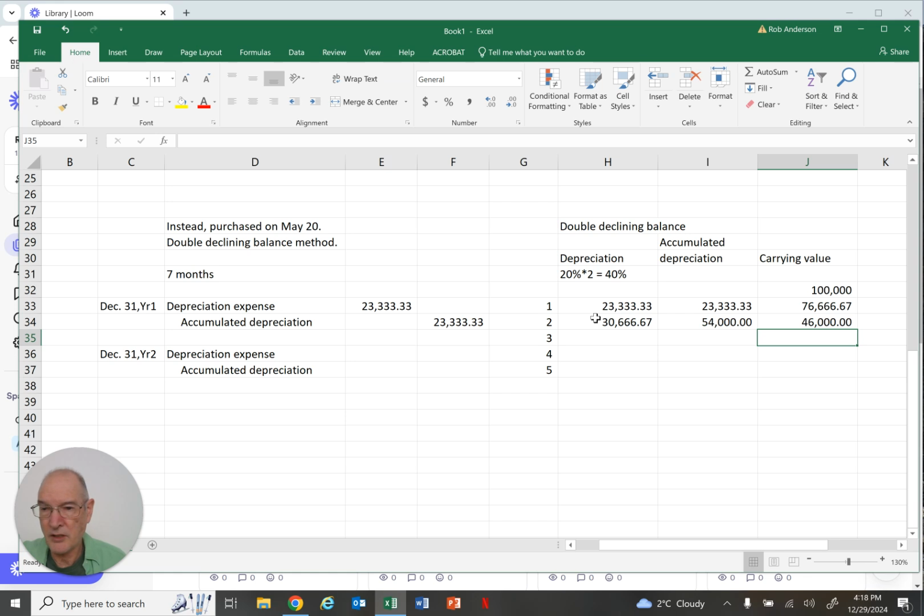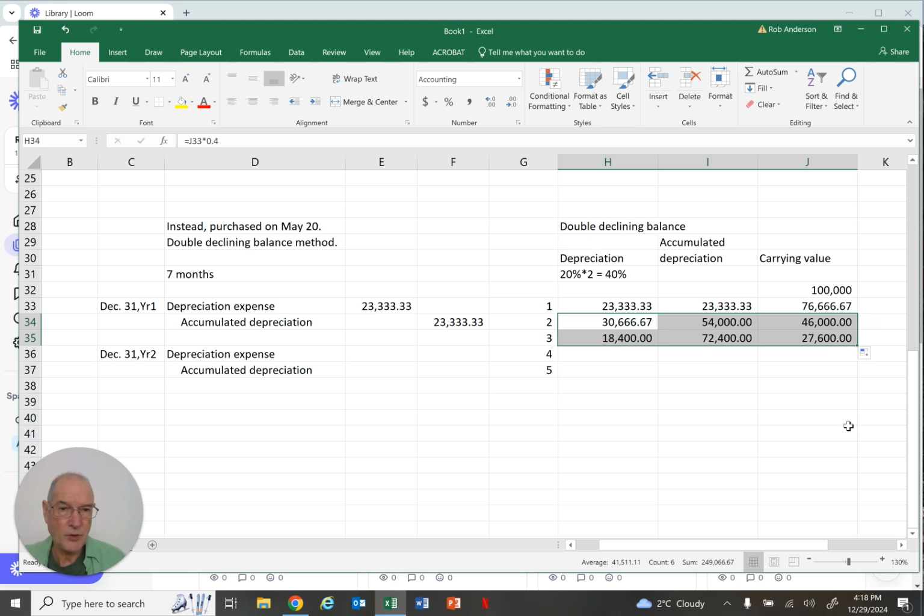Now, I think we can do one more year here before we get stopped by the residual of 20. So let's just do this. Now, this is all based on a formula, so I'm just going to copy it down. If you're doing this at home, you could still take 46,000 times 40%, and that would be your yearly depreciation. So notice I'm at 27.6.